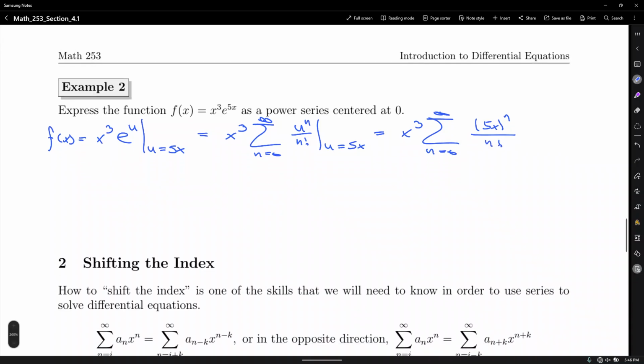And I'm going to do a couple of things in one shot. Number one, I'm going to introduce this x cubed into the series and multiply with the power of x, which is x to the n.